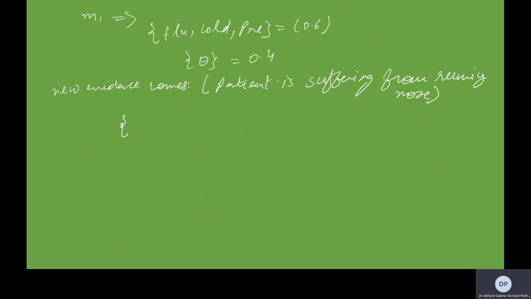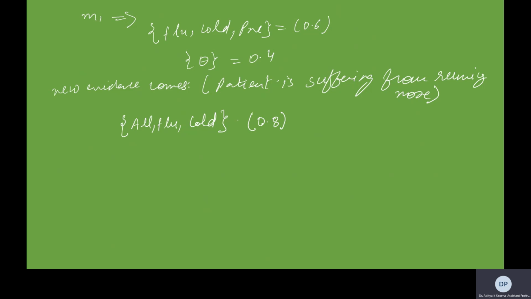The doctor will assign or figure out the subset where this running nose evidence can fit. The doctor assigned that it can be due to allergy, flu, or cold. It is not considering pneumonia, and it gives a belief value of 0.8.